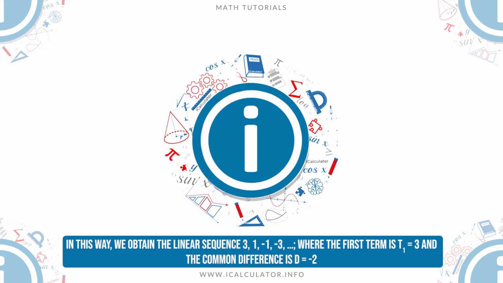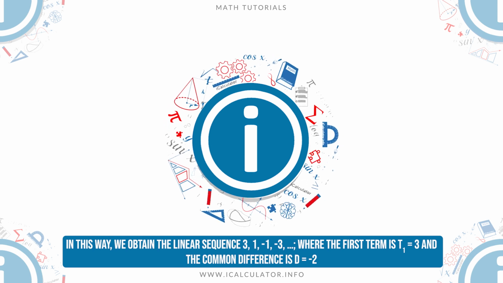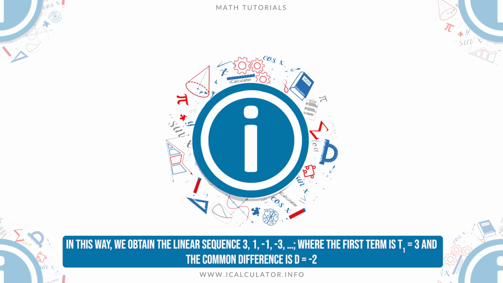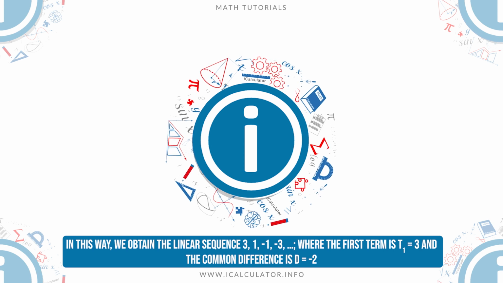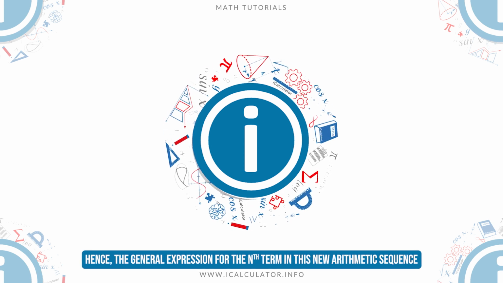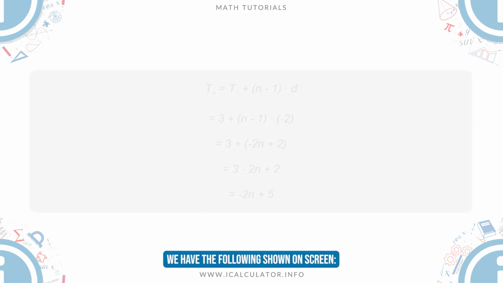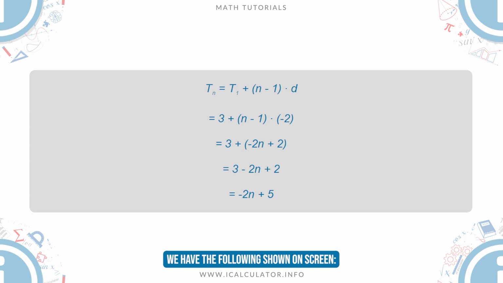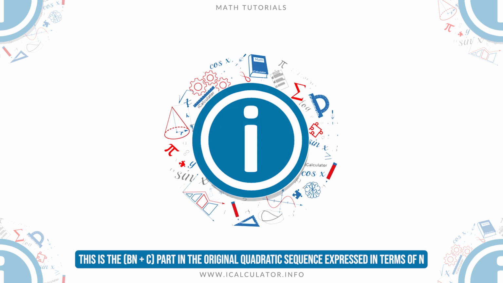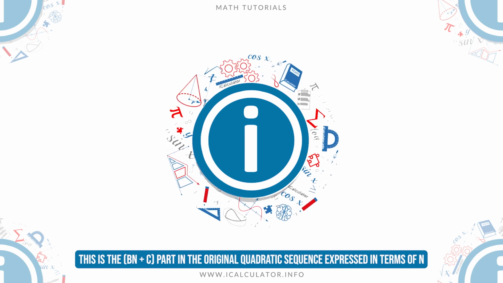In this way, we obtain the linear sequence 3, 1, -1, -3, where the first term is t1 = 3 and the common difference is d = -2. Hence, the general expression for the nth term in this new arithmetic sequence, we have the following shown on screen. This is the bn + c part in the original quadratic sequence expressed in terms of n.